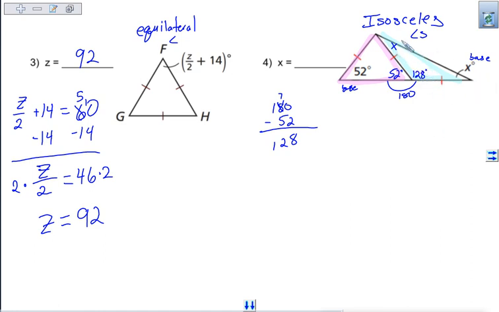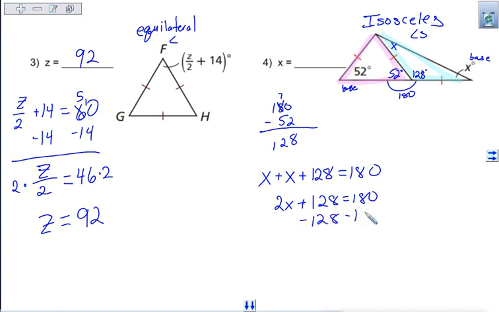Then we can set up and solve for x. So add everything in that triangle. x plus x plus 128 equals 180. Combine our like terms. 2x plus 128 equals 180. Subtract 128 from both sides. Gives us 2x equals 52. Then we can divide by 2. And x equals 26.